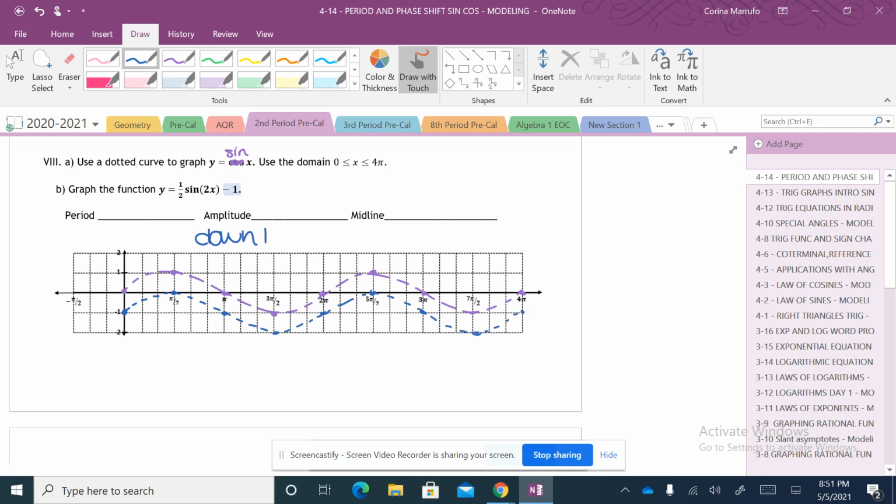Which affects where our midline is, because our midline here is -1. Okay, because it goes through. This will put the graph in half. Okay. So here I'm going to put y equals -1.